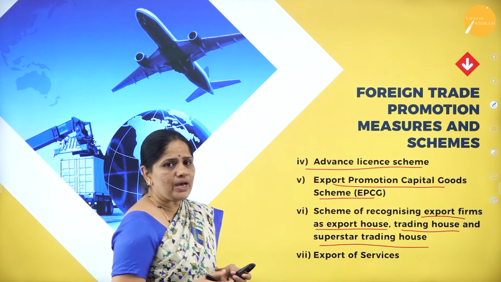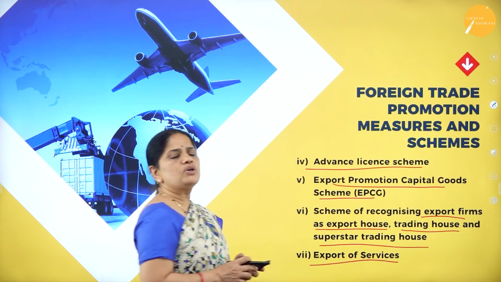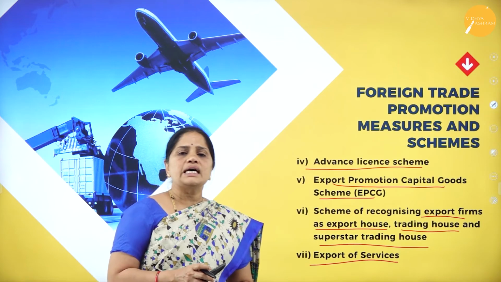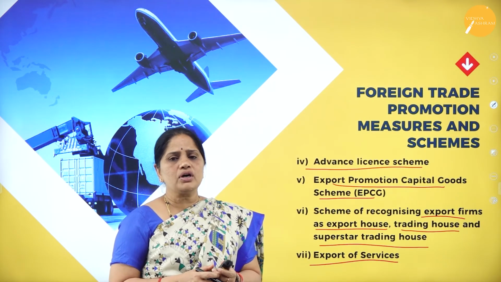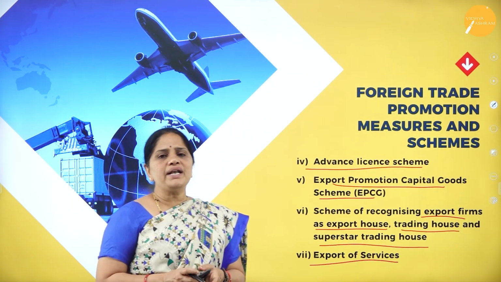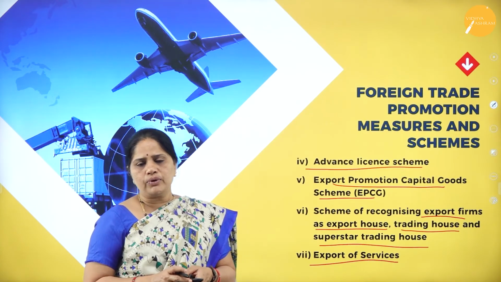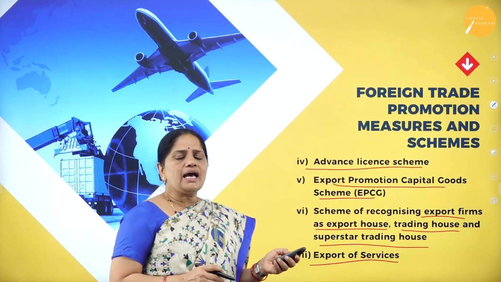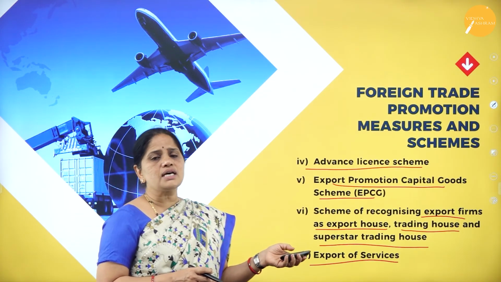Then the next one is the export of services. In this export of services also, the government has laid down certain rules, and depending on the type of the services that they are exporting, the government has given certain star status to these services.